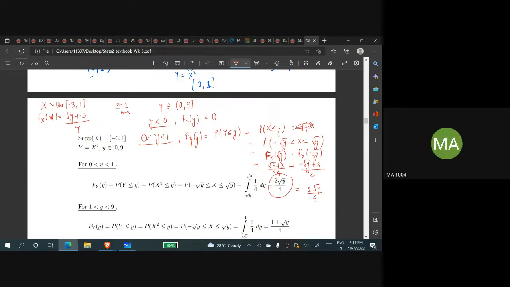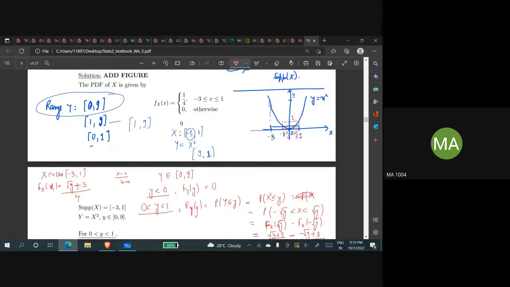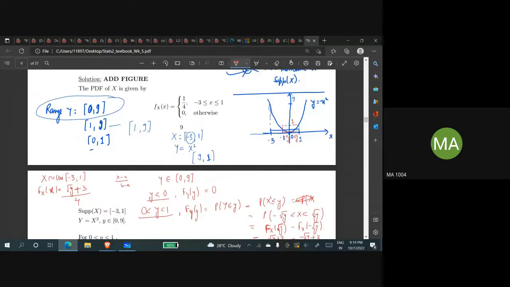Now you have to find this PDF; you'll have to differentiate it. Why did we take y's range between 0 and 1? We didn't get y between 0 to 1, we got between 0 to 9. No, we are finding it separately, for the range y being between 0 and 1.